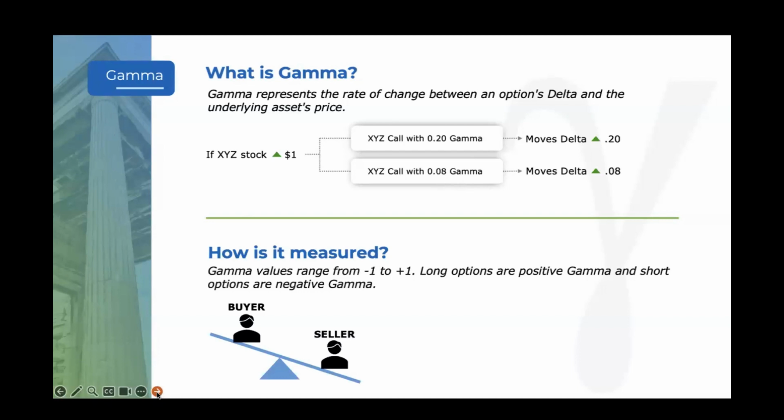The option doesn't have any value. So therefore, gamma is beneficial for buyers, and it equates to risk for sellers, because higher gamma means higher directional risk, because delta is directional exposure. So if we have a higher gamma, we're going to have a higher delta, which means we're going to have a higher directional exposure. Great if we're buying, risky if we're selling.